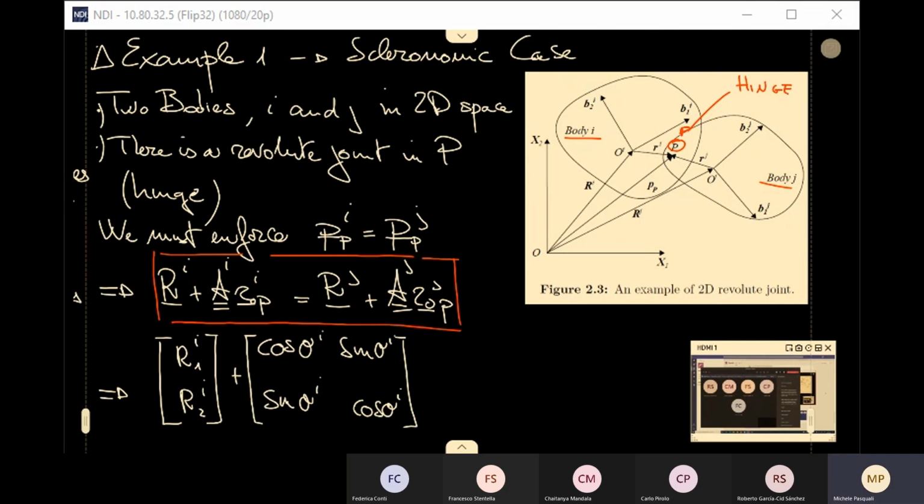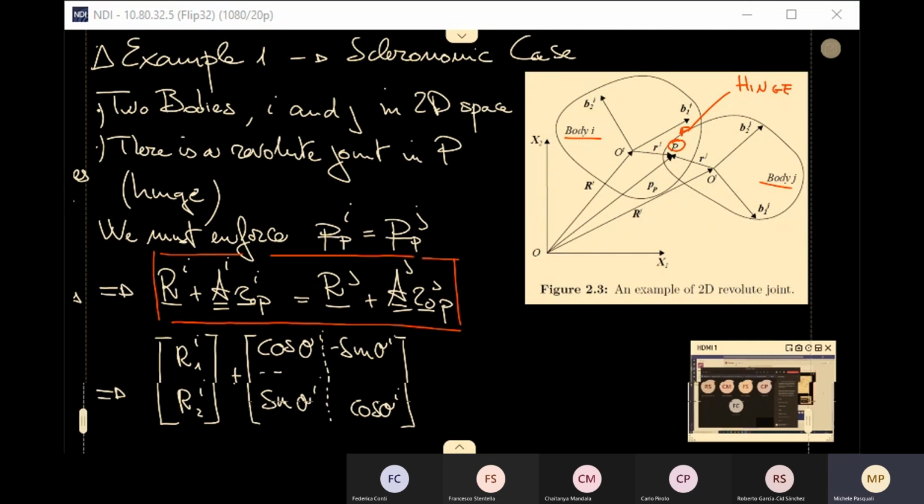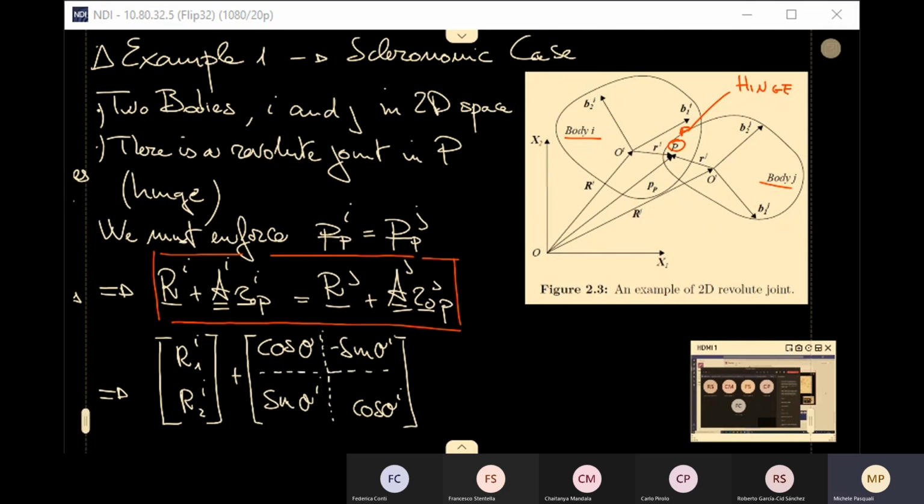This is a 2x2 matrix, applied over what? Well, applied over the components R01I bar and R02I bar. Okay, this must be equal to the other part.